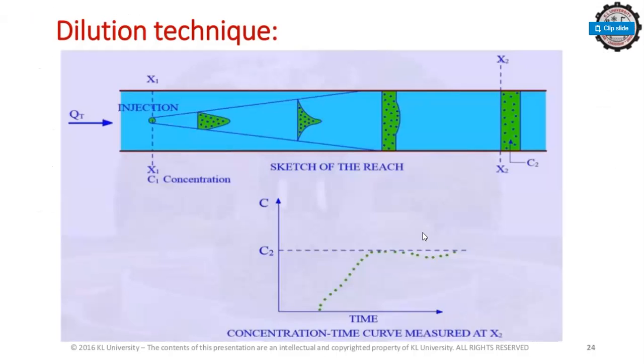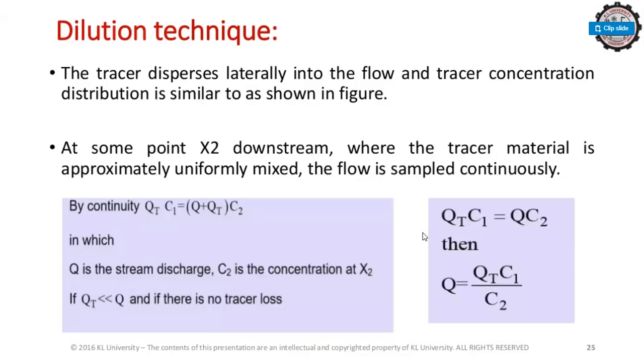After injection, the concentration is sketched along the reach, and a concentration time curve is measured at x2. The tracer disperses laterally into the flow and the tracer concentration distribution is similar to that shown in the figure.